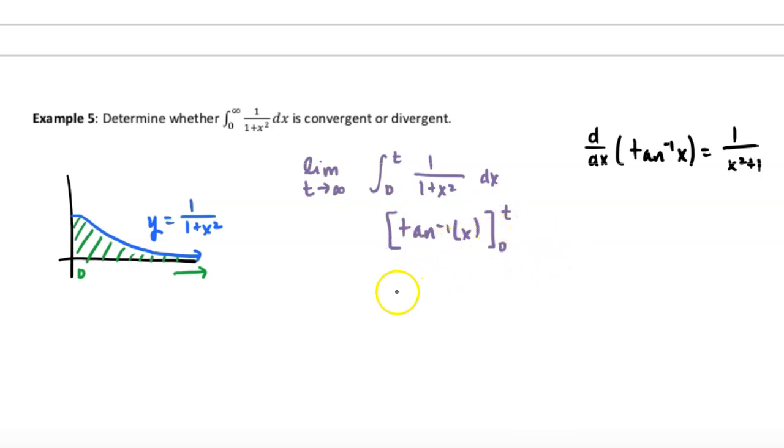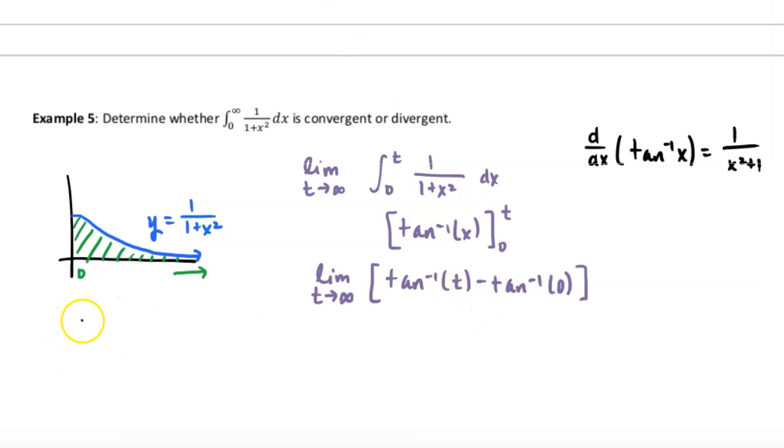Now let's plug in our t and our 0 and simplify this before trying to take that limit. And so I've got the inverse tangent of t minus the inverse tangent of 0. And I want to know what happens as t goes to infinity. Now, inverse functions can be a little bit confusing. Here's what I'm thinking.